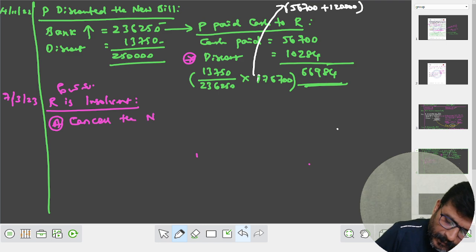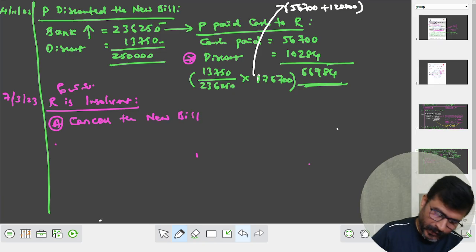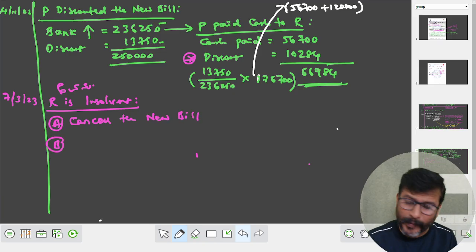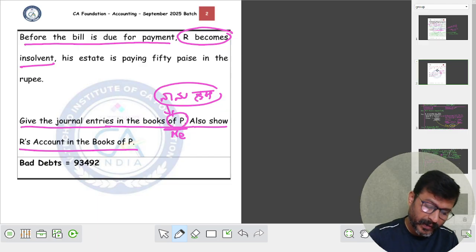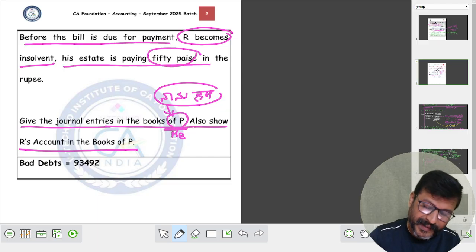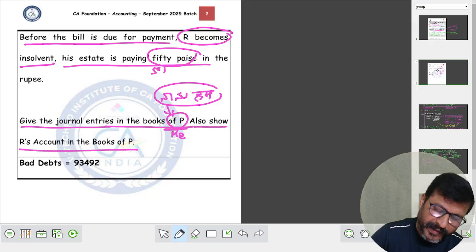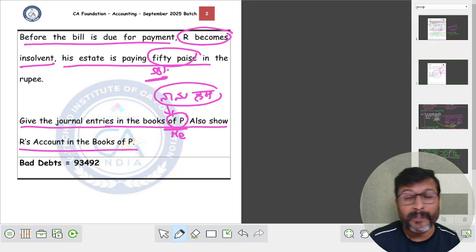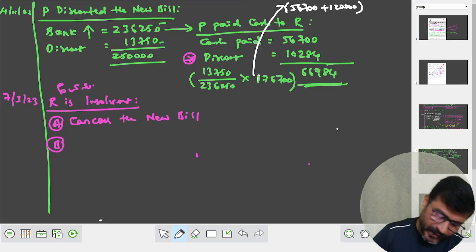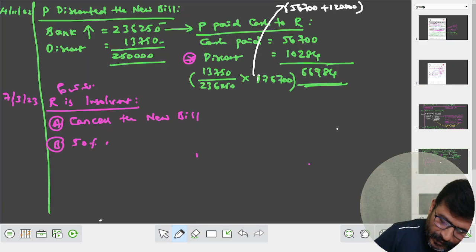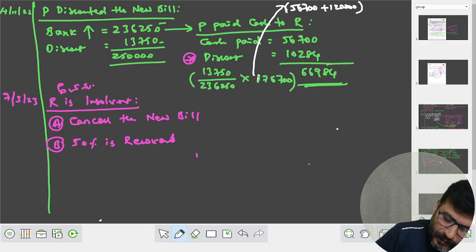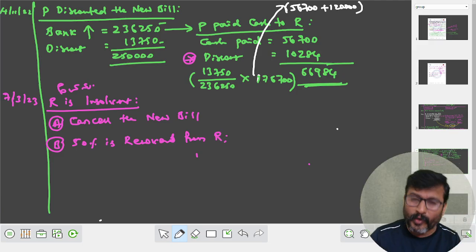Cancel the new bill. B point. How much is recovered from his estate? His estate is paying 50 paise. Oh, 50% is recovered. What percent is recovered? 50% is recovered from R. How to work out that 50%?